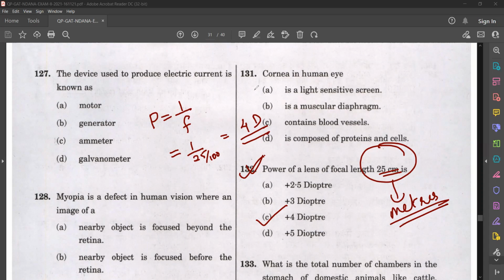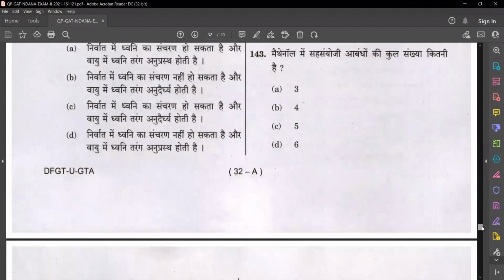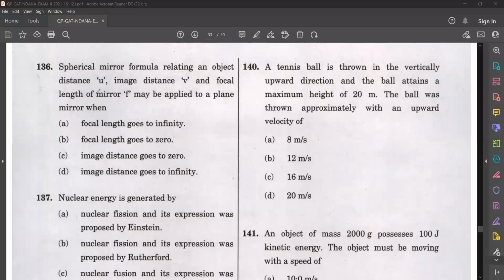Okay, so we'll move to the next question. Spherical mirror formula relating an object distance u, image distance v, and focal length of the mirror f may be applied to a plane mirror when focal length goes to infinity, focal length becomes 0, image distance goes to 0, or image distance goes to infinity.